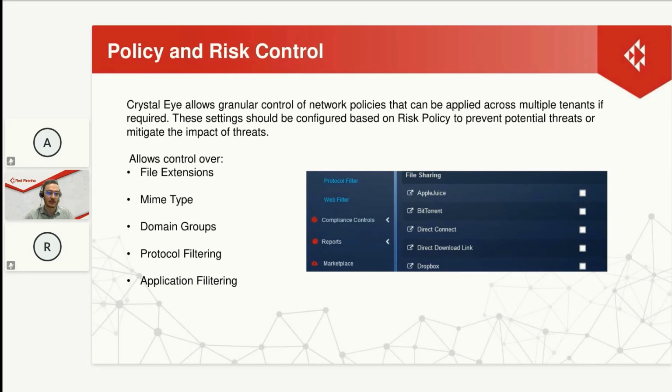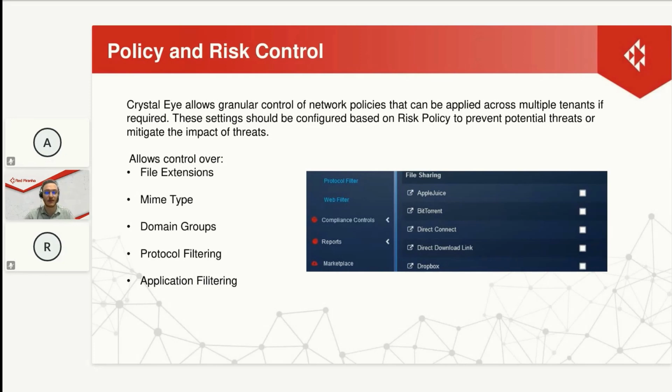These are just some of the features Crystal Eye gives you control over, such as what file extensions are allowed, what MIME types should be allowed, which domain groups should be blocked or allowed, protocol filtering, and application filtering. And just as an example, on the protocol filtering, you can block all these different types of file sharing services as well.